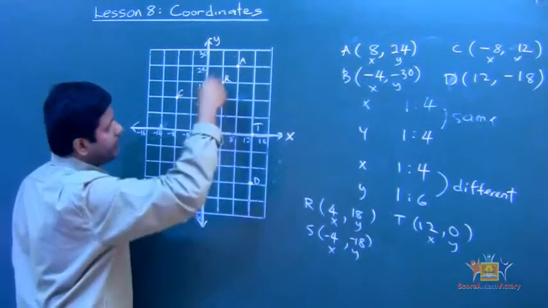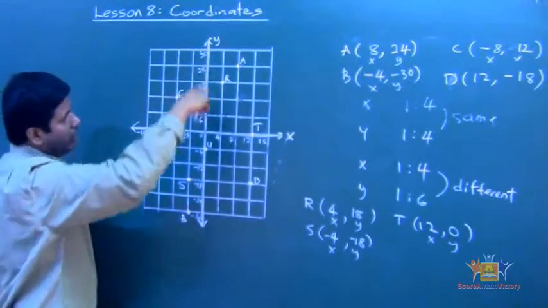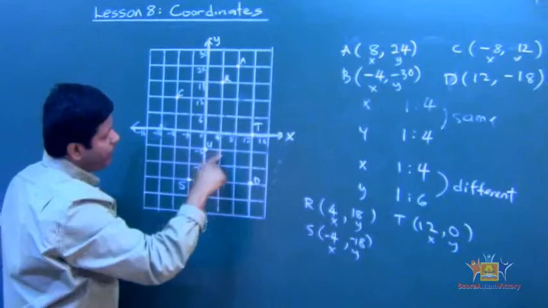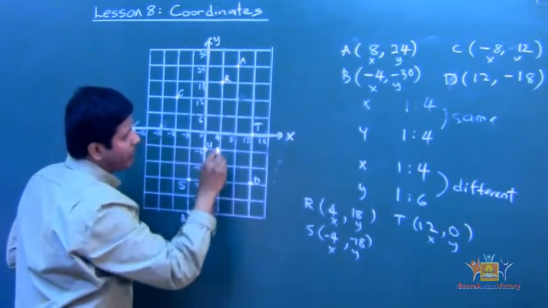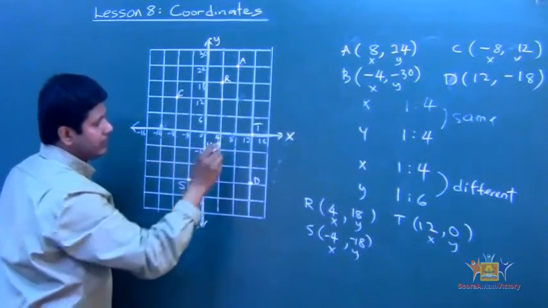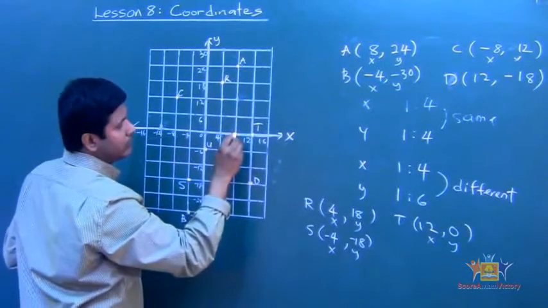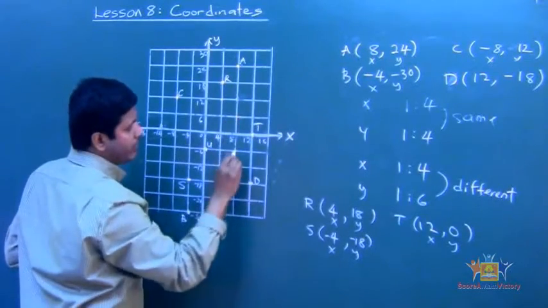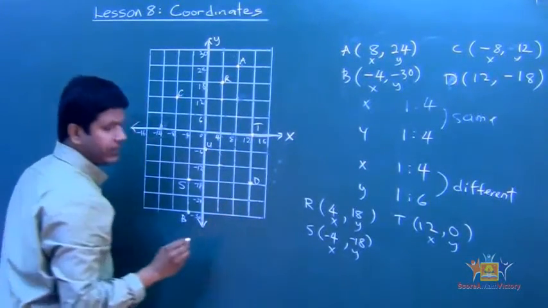So same thing with the x-axis. Along this line is what? 0. Along this line will be 4. If I pick this point, x will be what? 4. If I pick that point, x will be 4. See that? Now with this line also the same, 8. 8 right here, 8 right here, 8 right here. See that?